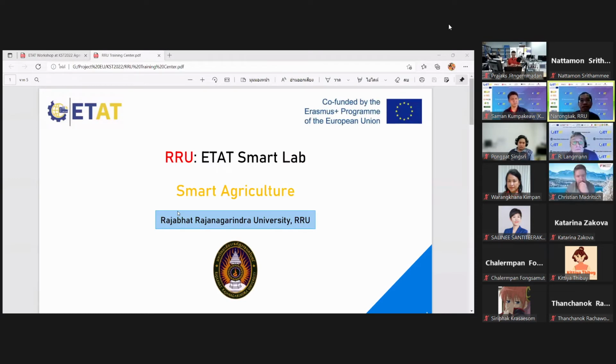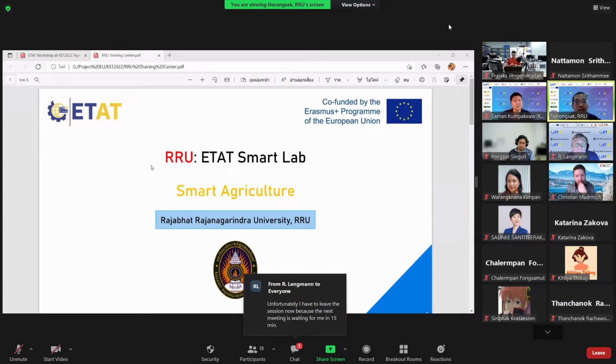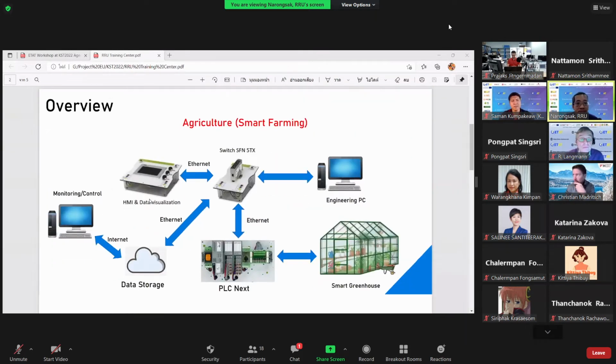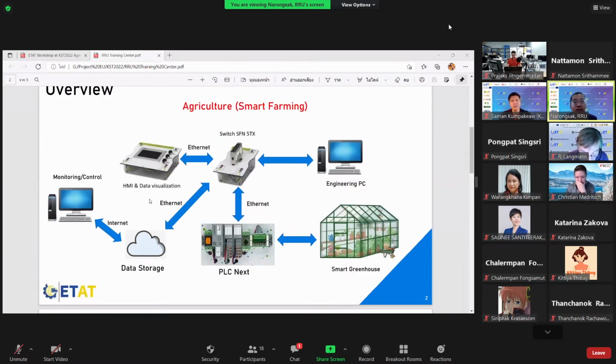Hello, everyone. I'm Narongsak from Rajabhat Rajanagarindra University. I would like to present the Etat Smart Lab about smart agriculture. At RRU, this is an overview of our smart lab.